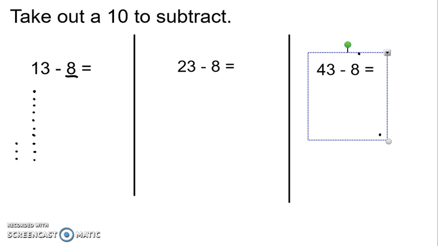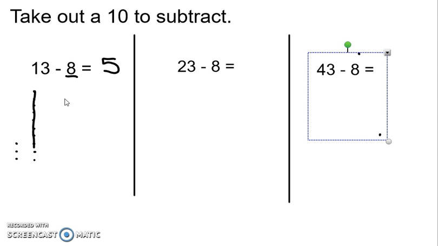So I'm going to go ahead and cross out 8 ones from the 10. And that will leave me with 2 left. So I'm going to put the 2 with the 3, and 2 and 3 together is 5. That means 13 minus 8 is 5.